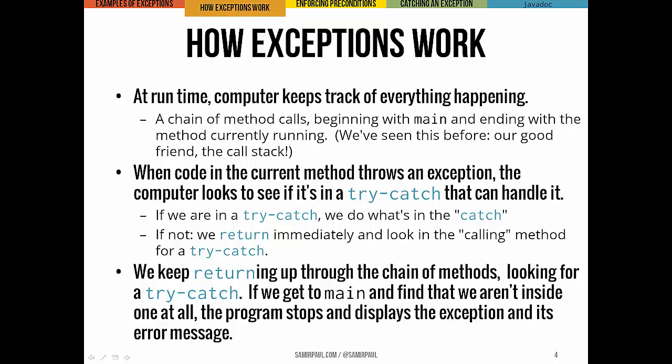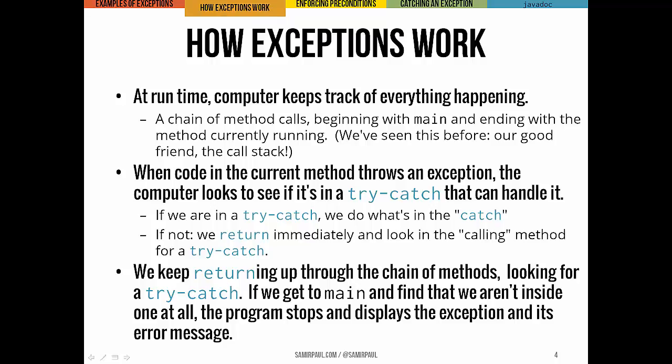If it doesn't find a try-catch statement, then we're going to return out immediately to the next method up in the call stack. Now, in that next method, we're going to look immediately around right where we are to see if there's a try-catch statement. If we don't find one, then we're going to move up to that method's caller and look again.